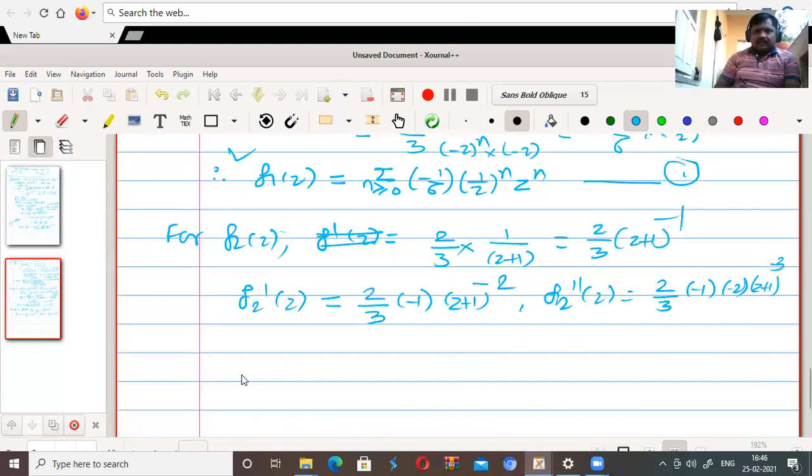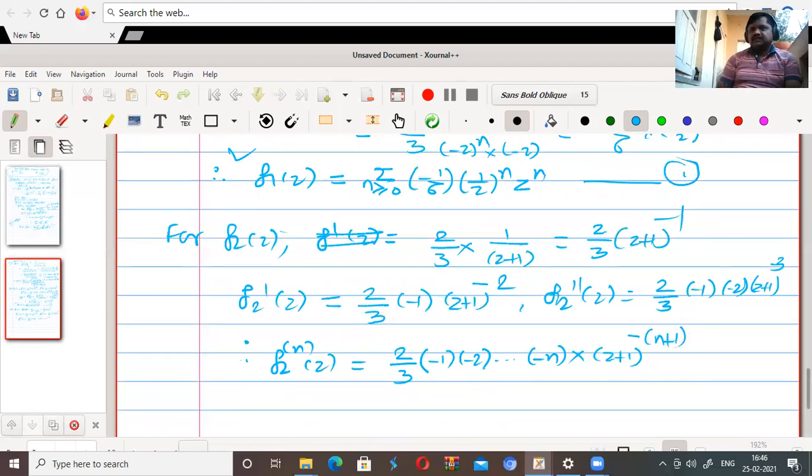Therefore, what is f2 to the n at z? This 2 by 3 as it is. If I take the second derivative, minus 1, minus 2. So for the nth derivative, minus 1, minus 2, up to minus n, into (z plus 1) to the power minus (n plus 1).